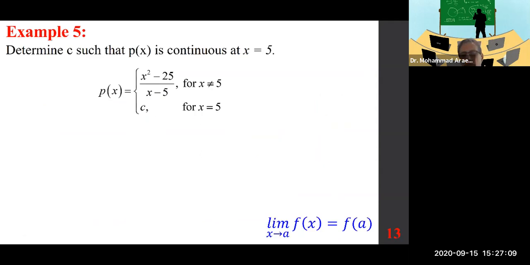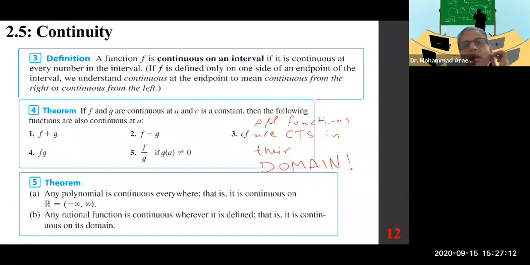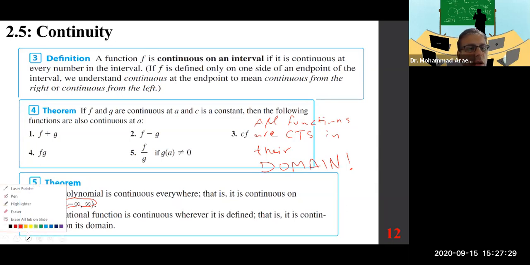Meaning if you claim a function is continuous, you got to be able to come up with its domain immediately. For example, for a polynomial function, the domain is all real numbers. A rational function, all real numbers except what makes the denominator 0. Okay, so I hope everybody's following this.